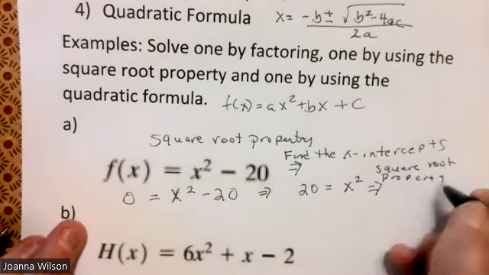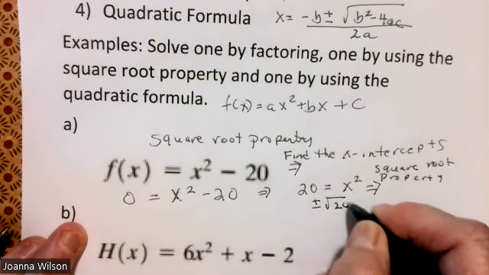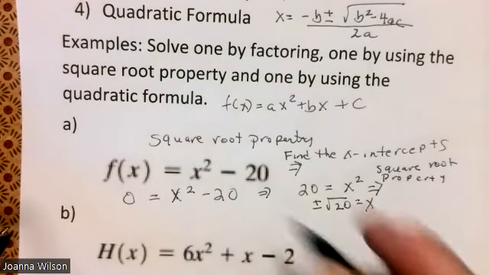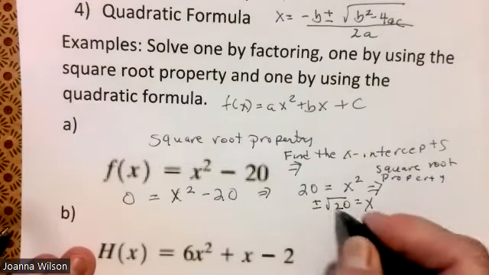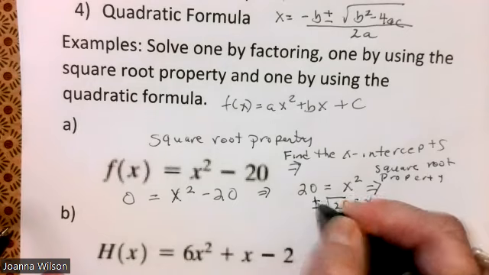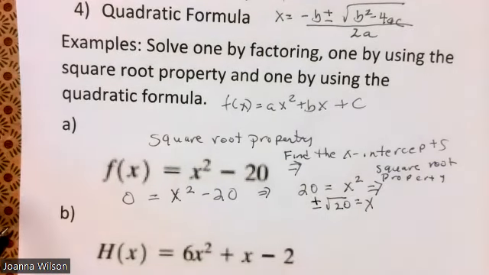What I get is plus or minus the square root of 20 equals x. That's not in the most simplified form, and if it tells you to simplify, then you need to simplify. When you get to this point, you look at what's under the square root, and if it's divisible by any perfect squares other than 1, then you need to simplify it.